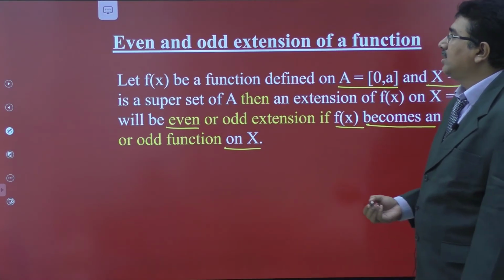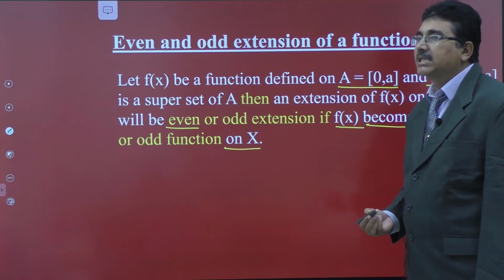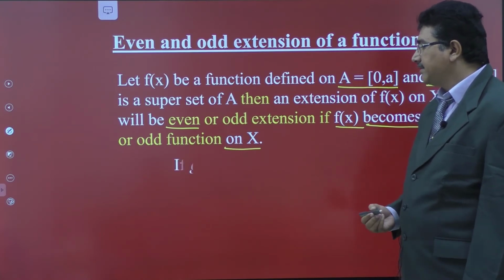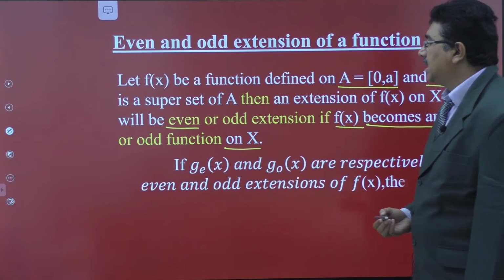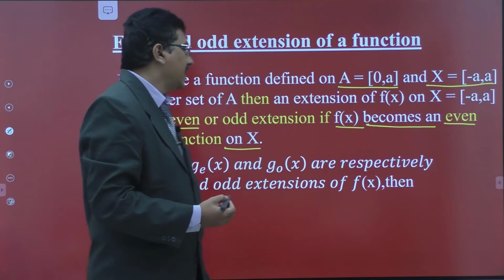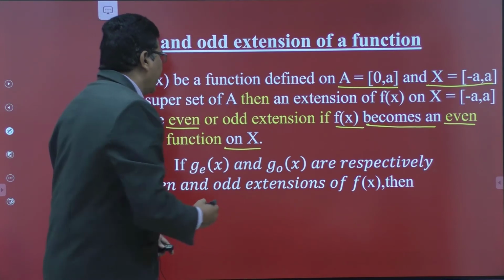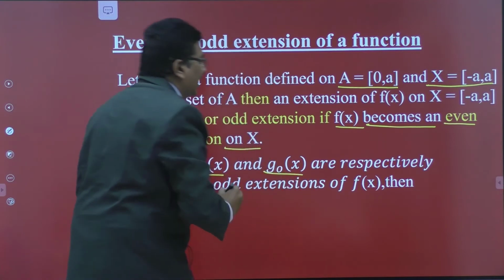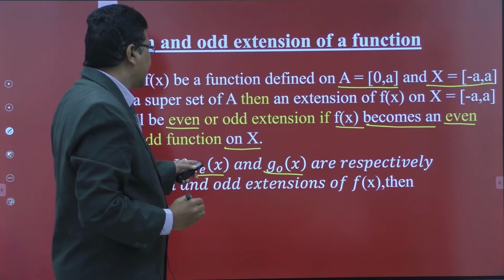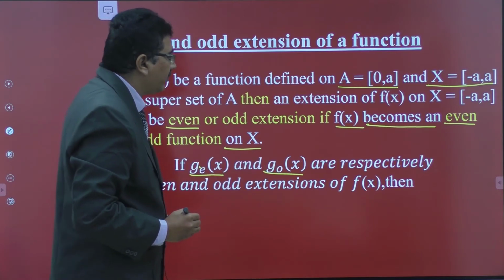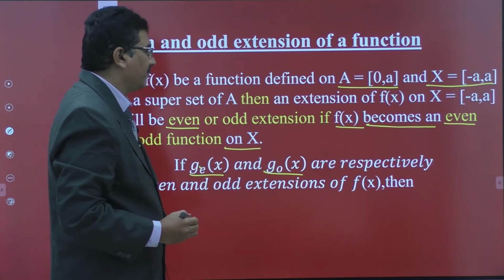Now we define even extensions and odd extensions like this. If g of x is an even extension, e denotes even extension and o denotes odd extension of f. This is the even extension of f, this is the odd extension of f, respectively.